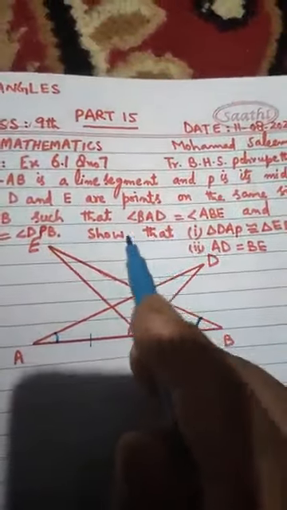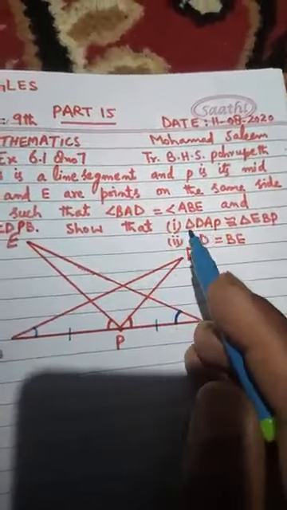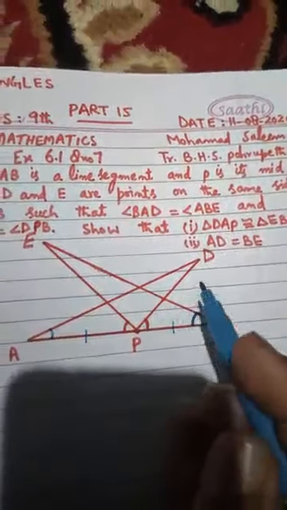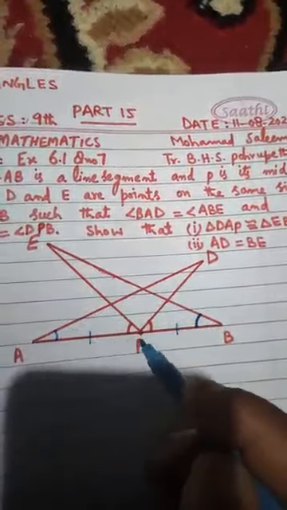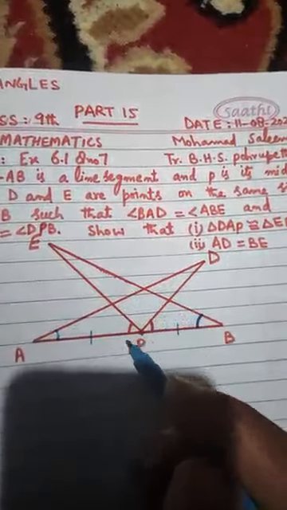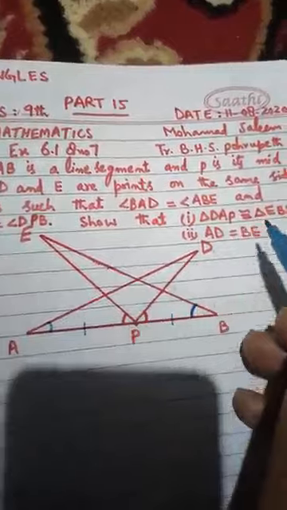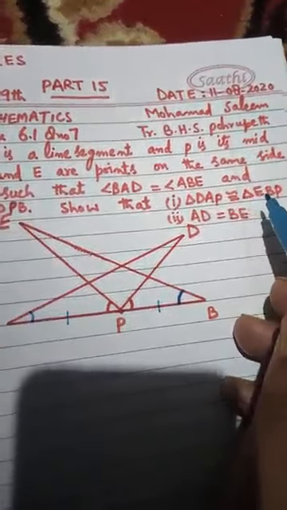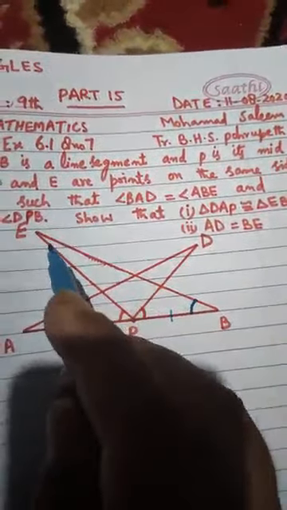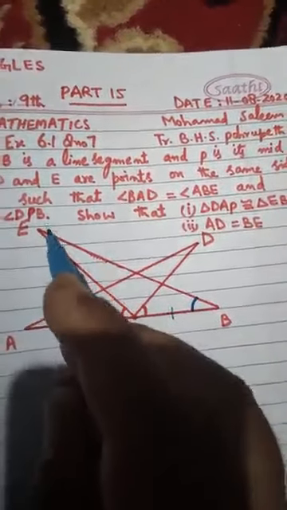Now what we have to prove is that triangle DAP, this triangle, is congruent to triangle EBP. EBP, that means this triangle.